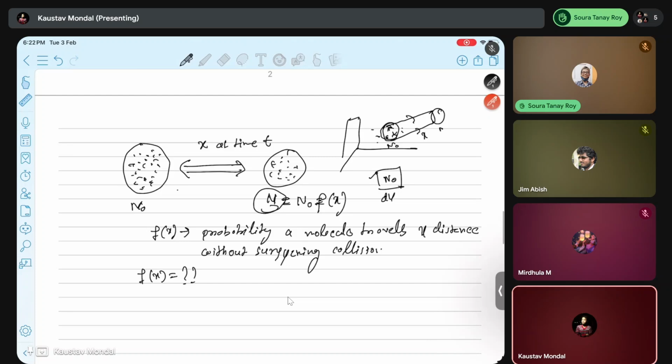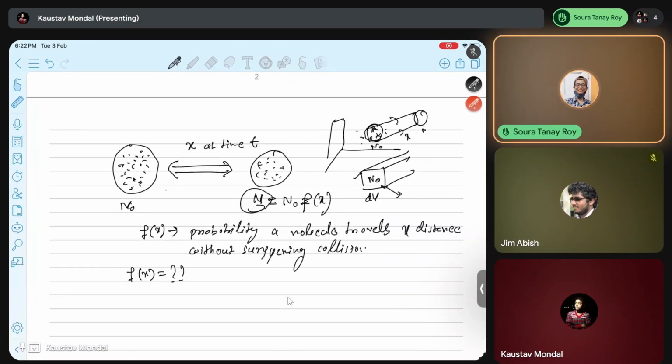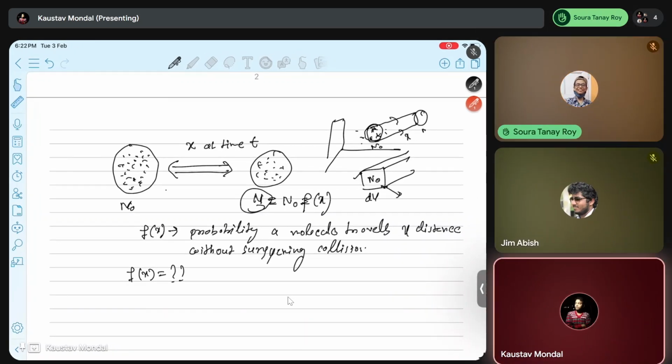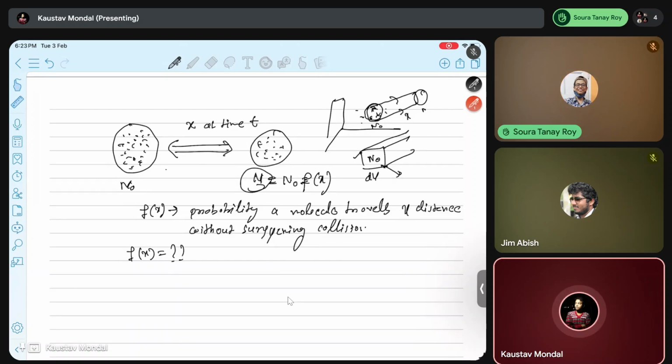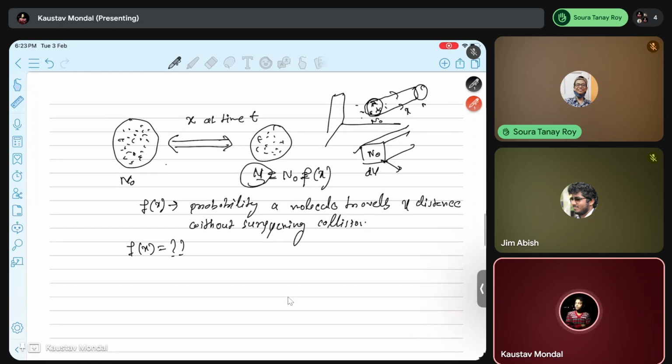If that volume moves in space, the molecules inside the dv volume will suffer collision, so some molecules will come out of that volume. We are only interested in the molecules inside that volume, not the entire gas container. Inside the gas container, the total number of molecules will be fixed, that you are correct. But we are considering a particular amount of volume.